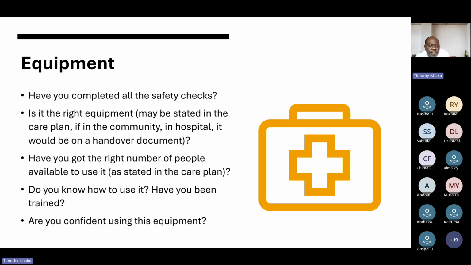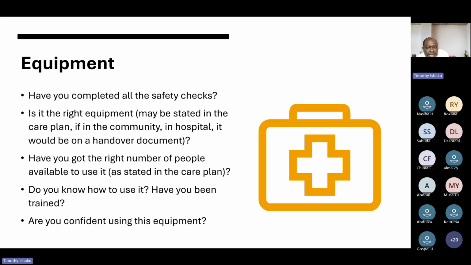There are standard safety checks for most equipment, and it's just to make sure that the equipment is safe to be applied to the patient. Because the last thing we want is applying equipment to a patient with the aim of helping them, but it ends up causing more harm.